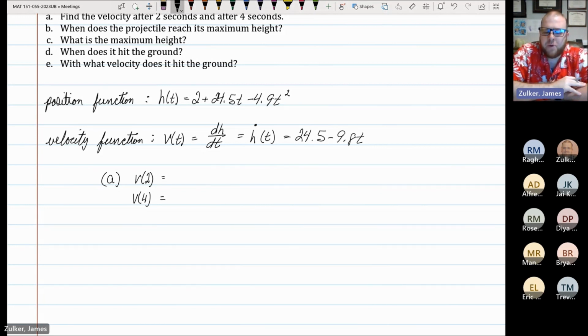V of 2, 24.5 minus 19.6. That gives 4.9. But now 4.9 what?